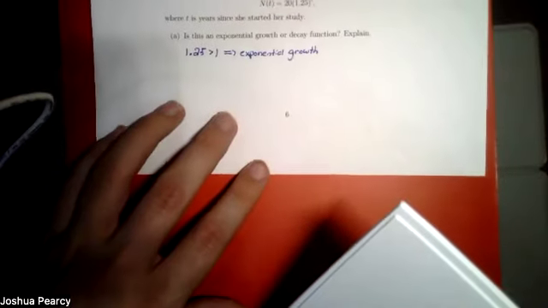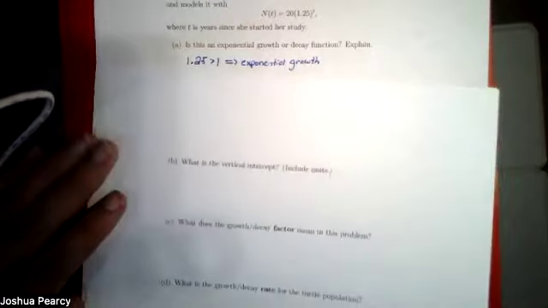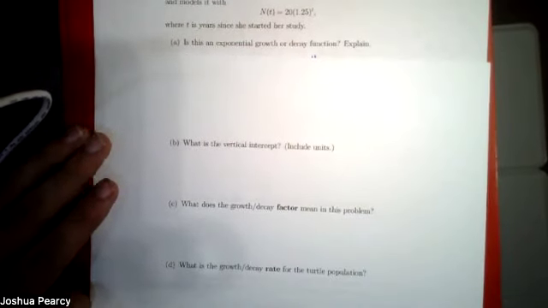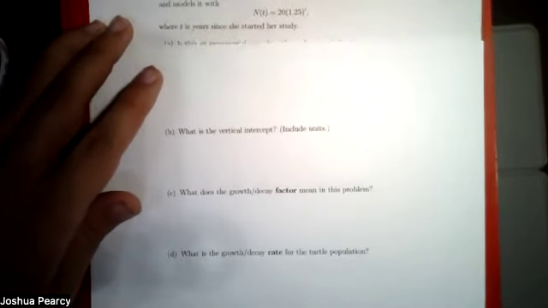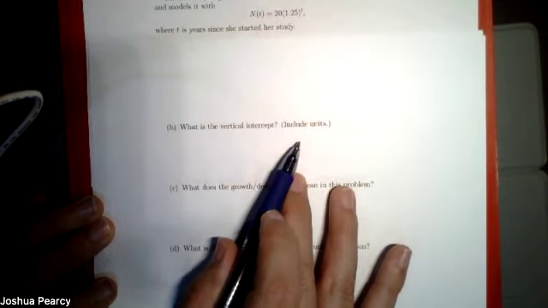Let's move on to part B. So part B says, what is the vertical intercept? So I'm going to try to show both of these things so I can look at the equation in the next part. So it's talking about the x or the y-intercept, right? So if we're talking about vertical, that's up and down. So this is going to be, what is the y-intercept here?